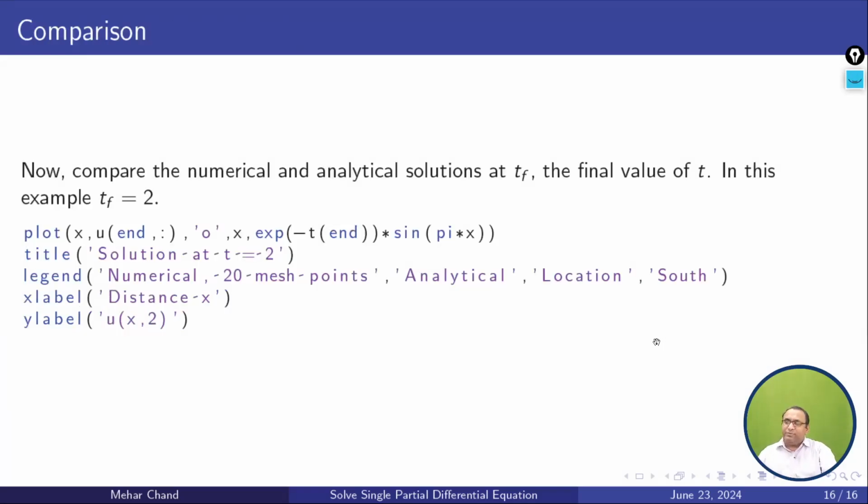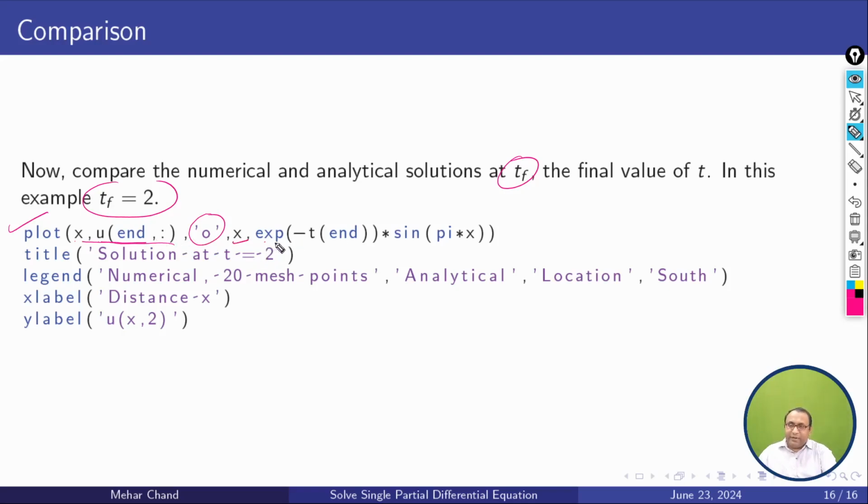Then we need to compare these solutions, numerical as well as analytical, both at tf. This is the final value of the time, and for example we are taking tf equal to 2. The plot function we are using for the comparison is plot(x, u(end,:), ...). This is for the numerical solution, and the marker x is used for the numerical solution.